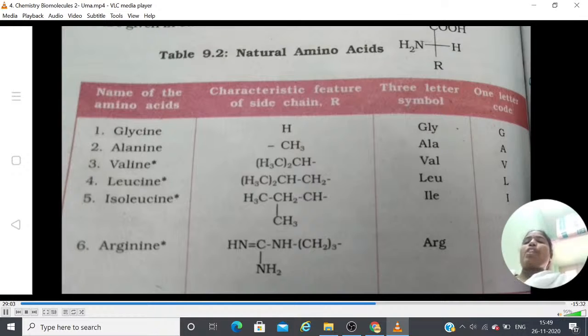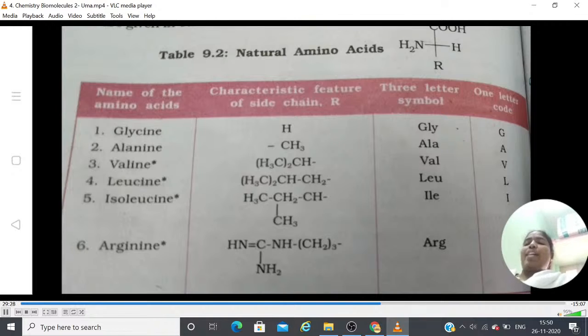Isoleucine is the fifth amino acid. It is also very essential for us. Iso means CH3CH, CH3CH. The 3-letter symbol of isoleucine is ILE, and the code letter is I.